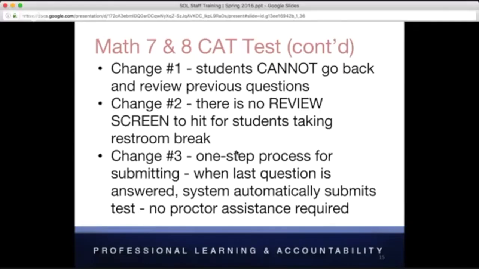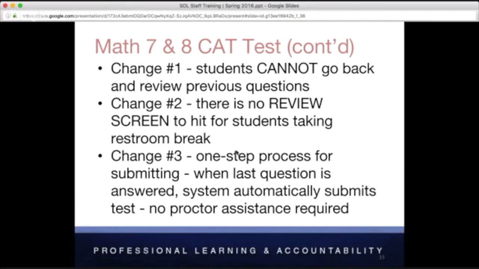Change number 3, there is only a one-step process when the student submits. So in the past, or for the other tests during this window, such as the civics and the reading and the science test, when the kid gets to the end of the test, there's always that screen that tells them to raise their hand and have the proctor come over and guide them to submitting. For the math test only, this will not happen.